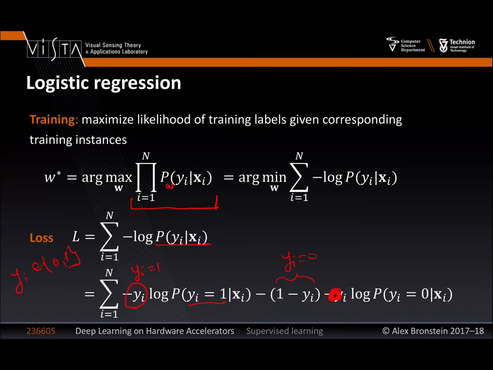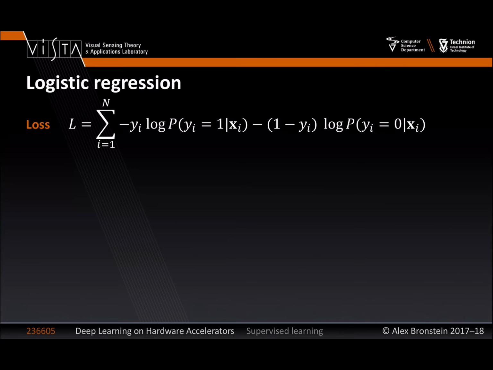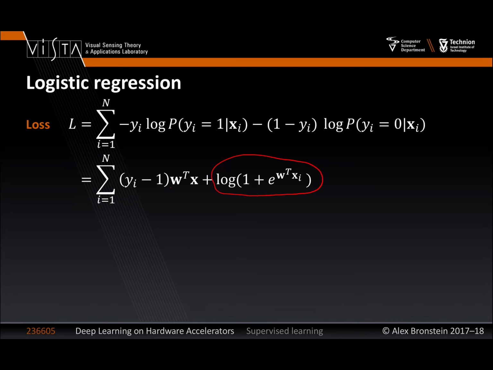Now let's plug in the log. We have this expression for whatever remains from the exponential, and the log of this expression is what remains from the denominator. If you do the algebra, you get this expression.